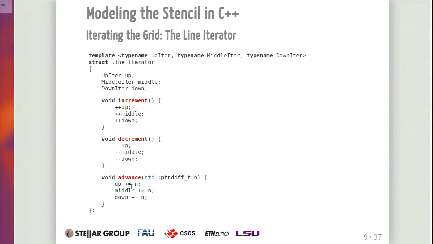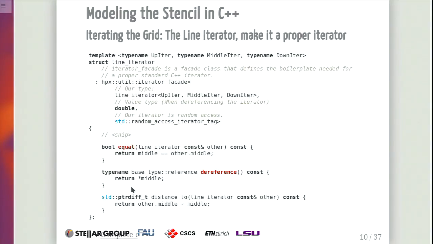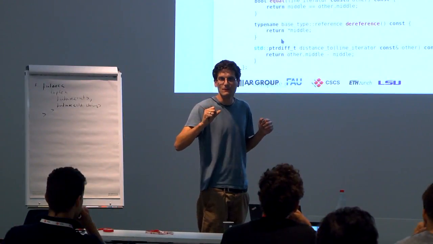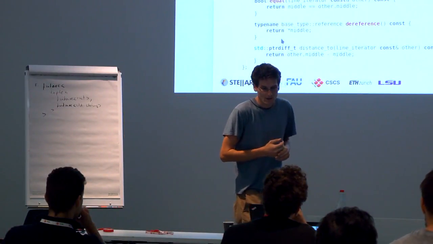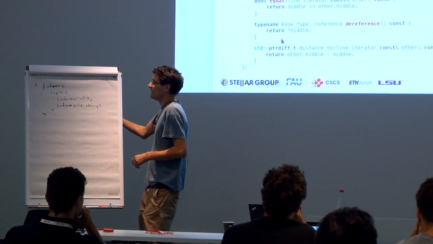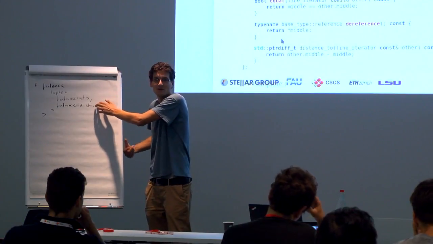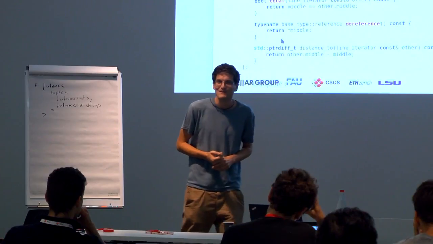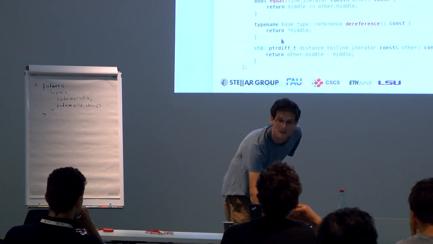So that's why we have this thing called iterator facade, which does all the boilerplate code generation for you, right? And it's conforming to the CRTP pattern. I mentioned it because I saw it on your flipboard here. So if you revisit the slides from the C++ course, this is the CRTP pattern.